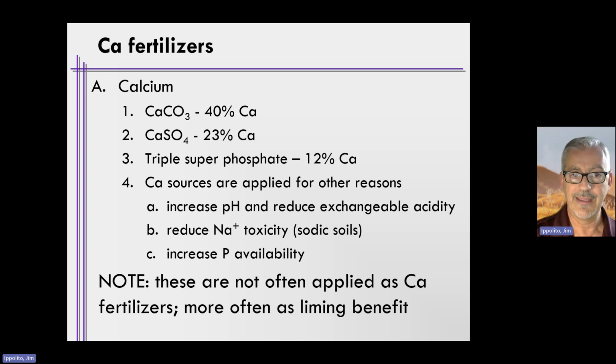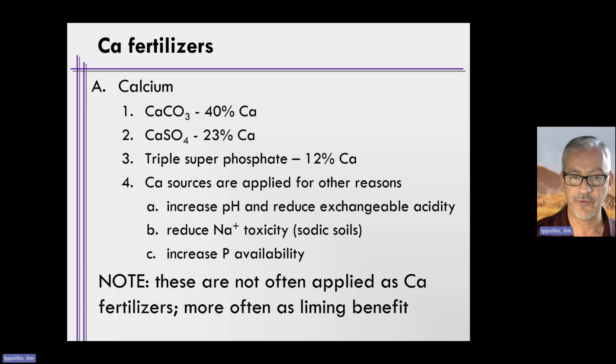And we use calcium sulfate, or calcium SO4. The SO4 is actually converted to sulfuric acid to help reduce pH that you find in sodic soils. And the calcium is added to kick sodium off of cation exchange sites in sodic soils.